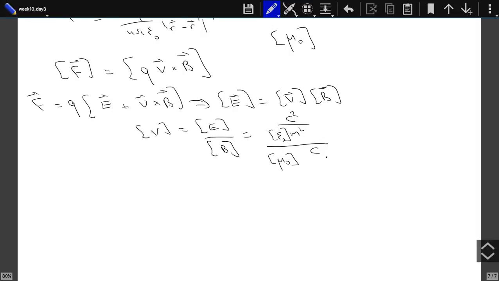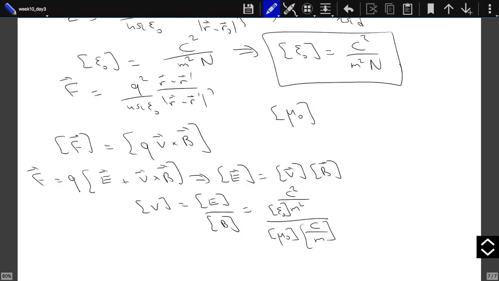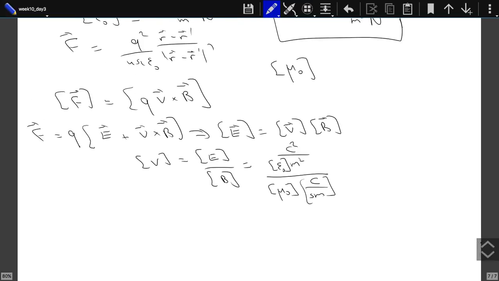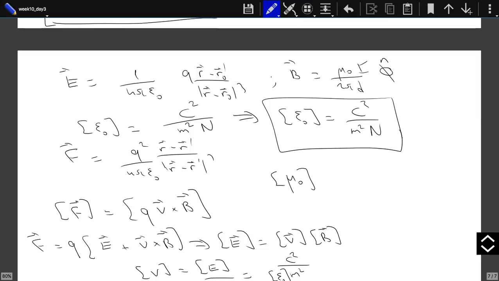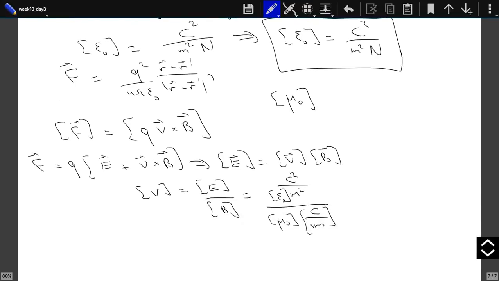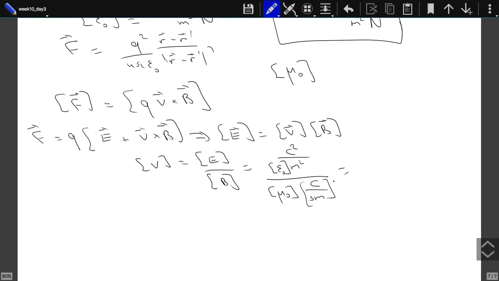It is the Coulomb divided by meter, seconds. So this is equal to 1 over the unit of epsilon 0 mu 0. Well, if I didn't make any other mistake somewhere, this is seconds coulombs per meter.